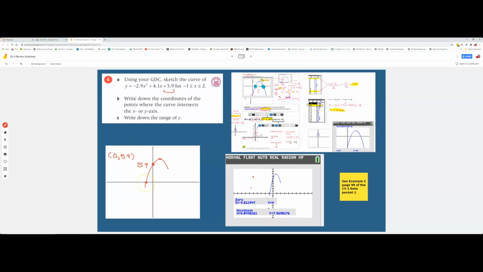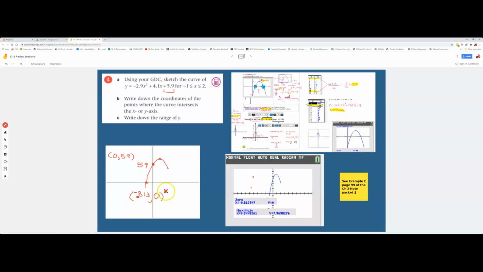Now this intercept right here, that was negative 0.813 if I round it. So here would be negative 0.813. Sorry, it's hard to write on this Jamboard. 0. And that's this point. And that was the intercepts that we needed.